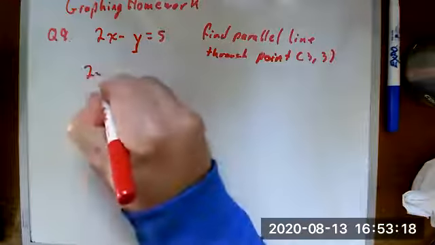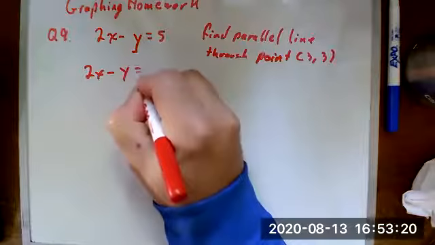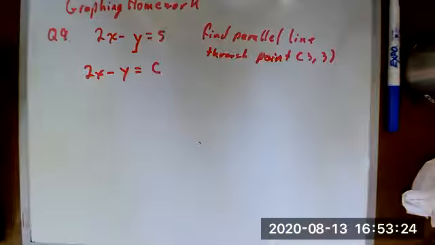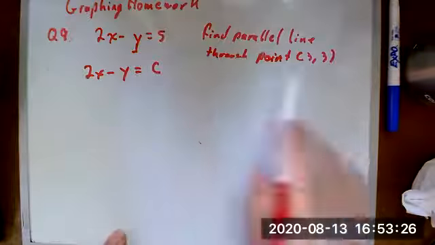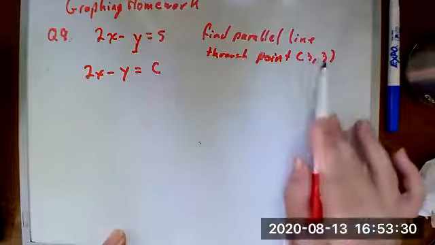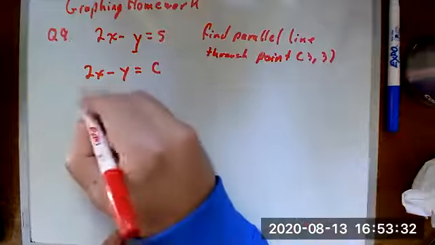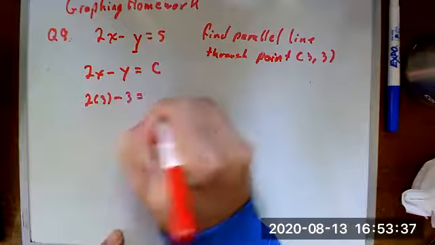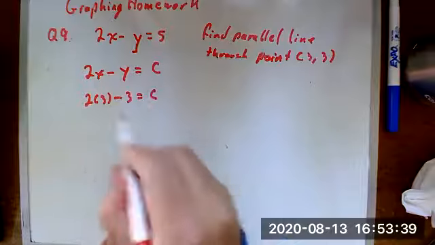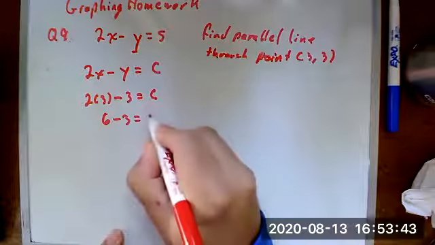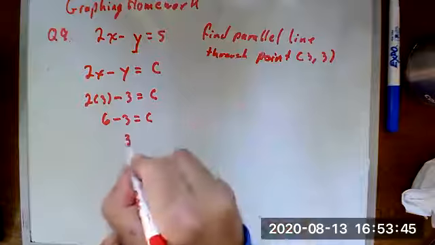I'm going to take my 2x minus y, and I'm just going to put a c there for the moment, because that's the only thing that's going to change on the parallel line. I'm going to put my values in. 2 times 3 minus 3, which is to say 6 minus 3, which is 3.